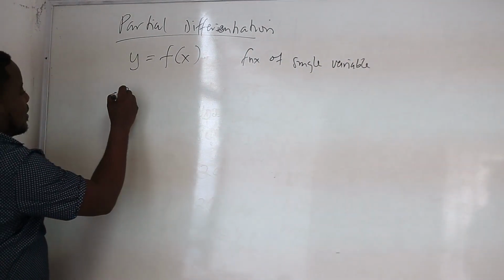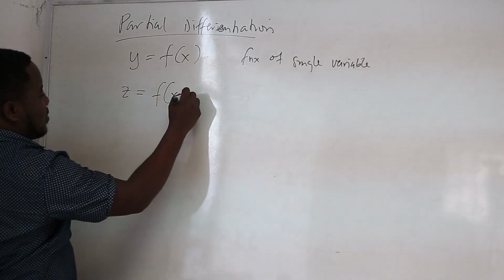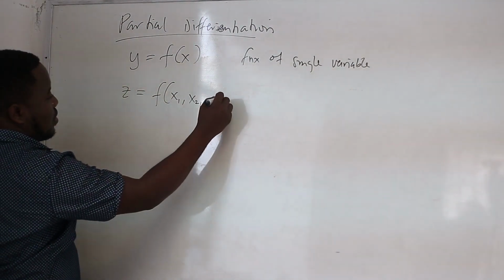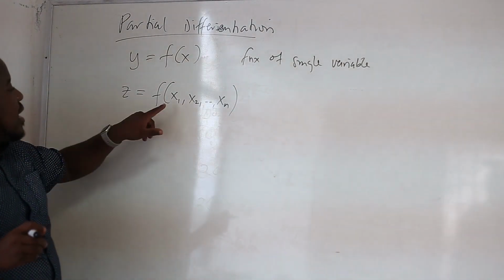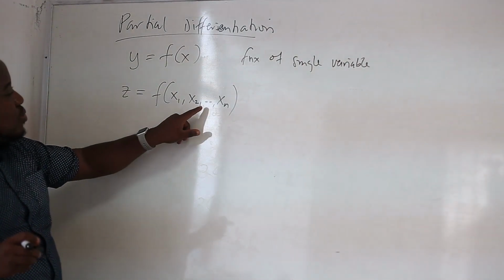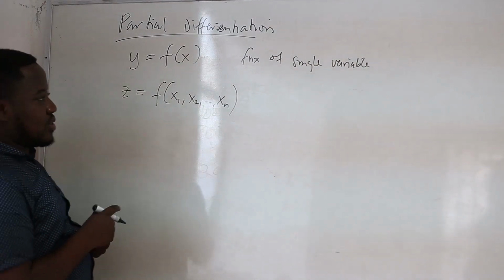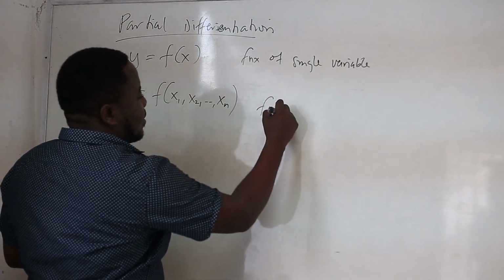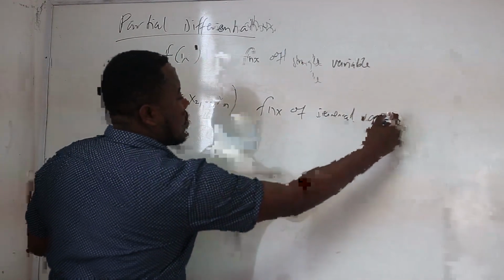When you have y as a function f of s1, s2, up to sn, y doesn't depend on only s1, but also on s2, s3, s4, s5. So you have several variables.